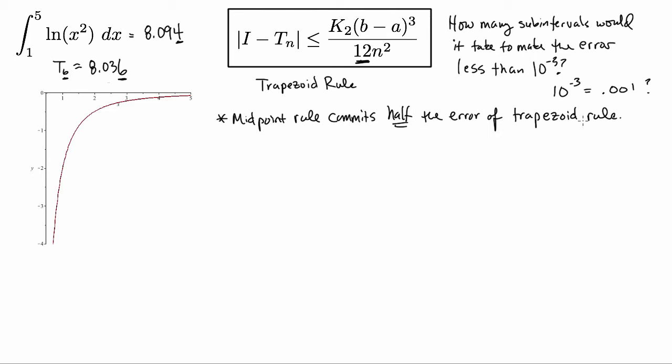Because of that, midpoint rule is more reliable, but they are opposite of each other. In other words, if one of them overestimates, the other will underestimate. And so all the values here otherwise are the same.